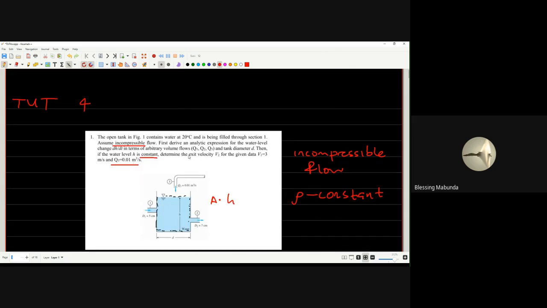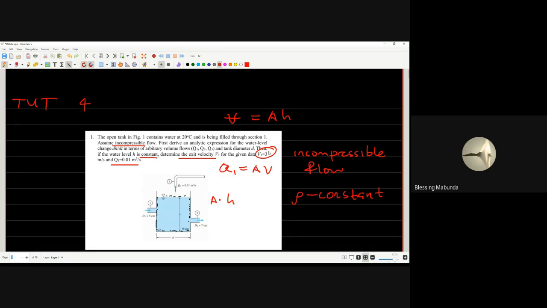And from there, we want to determine the exit velocity V2 for that given data. If we have V1 and Q3, from V1 we can work out what Q1 is, because that's simply area multiplied by velocity. This is the volumetric flow rate, while the other volume is given by area multiplied by h. So take note of that distinction.